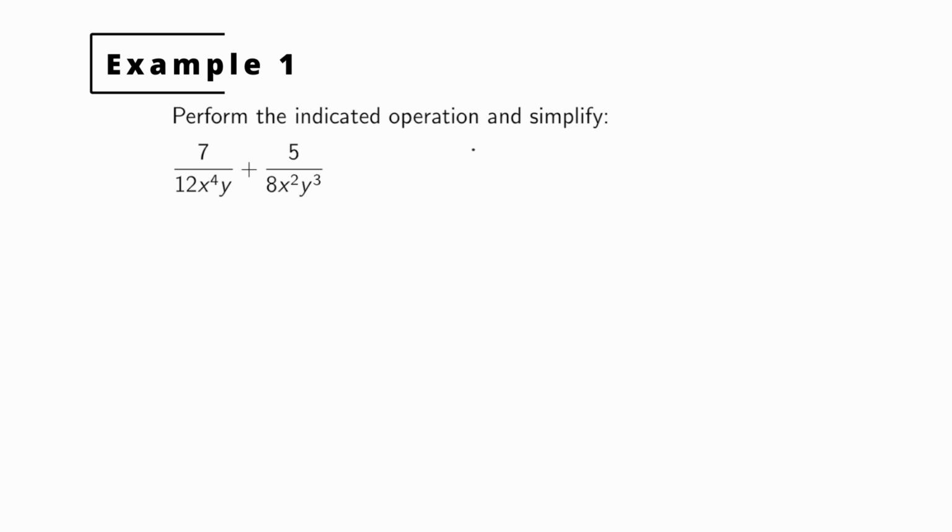We can write 12 as 2 squared times 3, x to the fourth y, 8 is 2 cubed, x squared y cubed, and the least common multiple is just all of the unique factors to their greatest power. So we have 2 cubed is the greatest power of 2. We also have a 3.